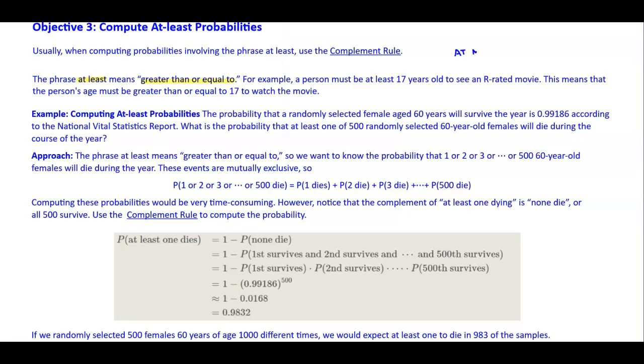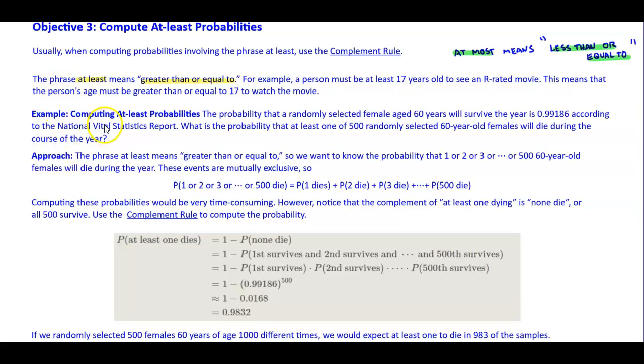If we said "at most," then this would mean the opposite, which would be less than or equal to. So we want to make sure that we understand the difference between those two. "At most" is less than or equal to.